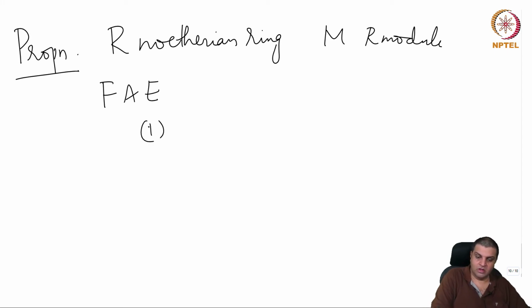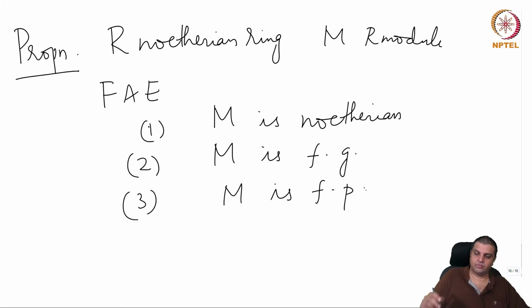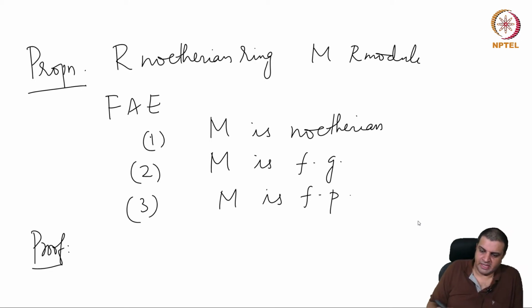1, M is Noetherian. 2, M is finitely generated, and 3, M is finitely presented. So there are some implications that are immediate from the definitions. If M is Noetherian, then every submodule of M is finitely generated.